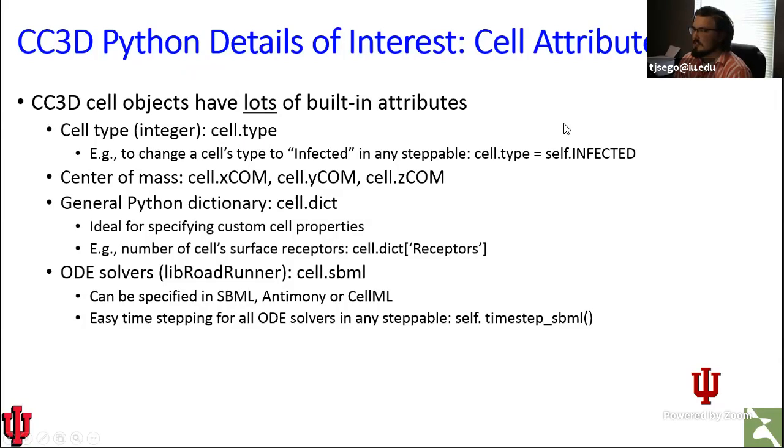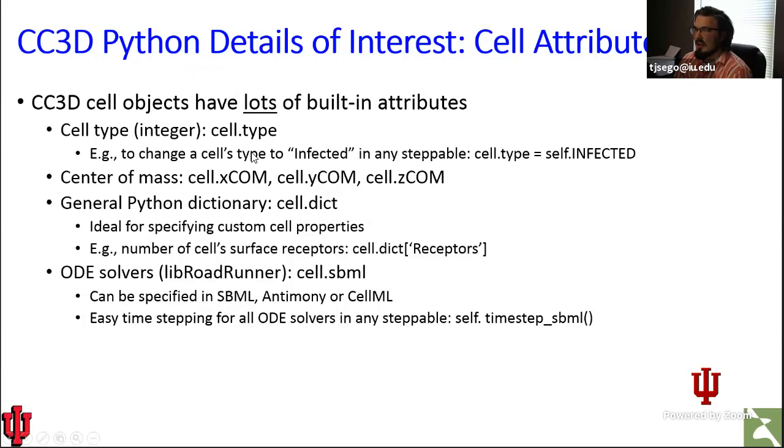Just as we were talking in the steppables about having easy access to the cell types that are defined in a simulation by self.INFECTED, when we handle a specific cell object, cell.type will also reflect the integer of the cell type for this particular cell.